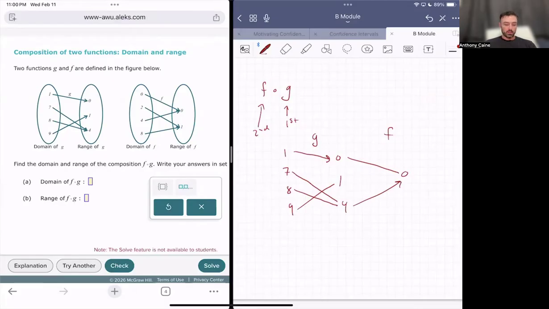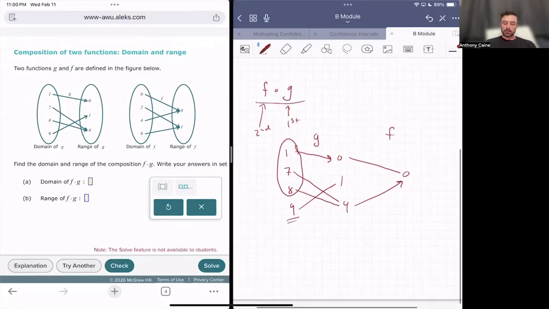but it never touches 1. So what does that mean? Does that mean you're not in the domain, Mr. 9? Yes, indeed. Okay, so I think these three numbers are the domain of f after g.